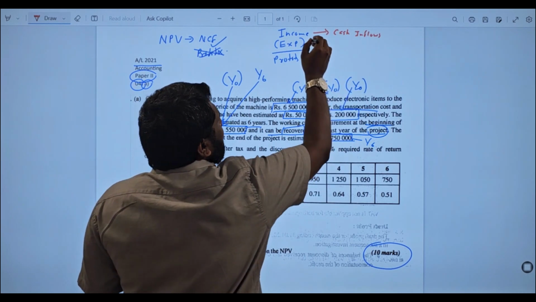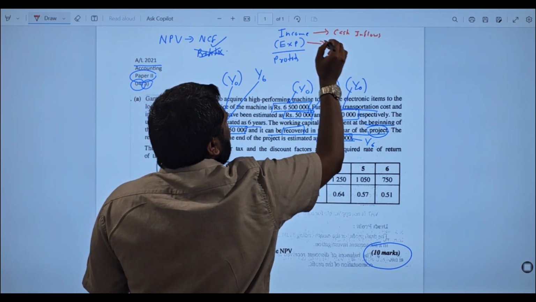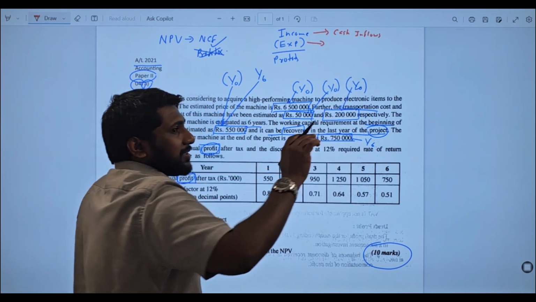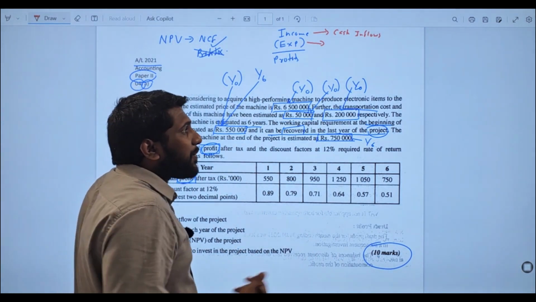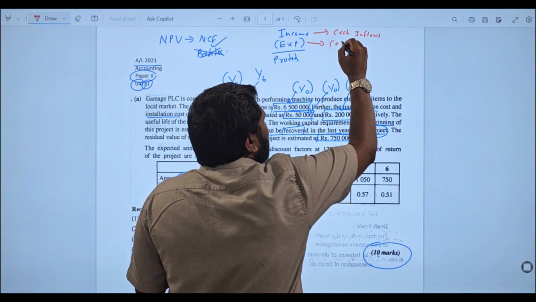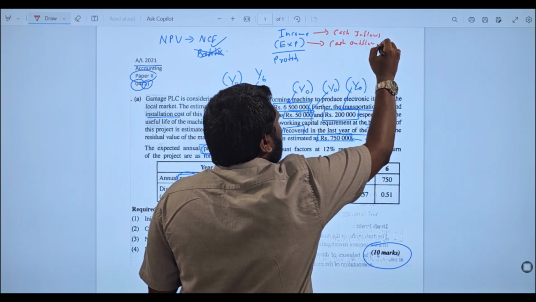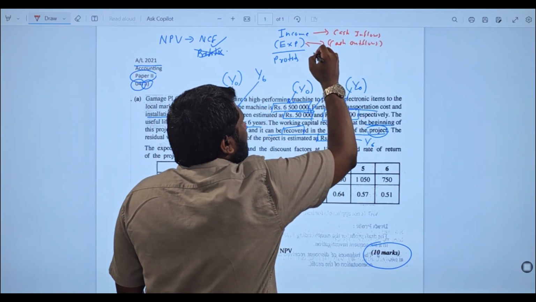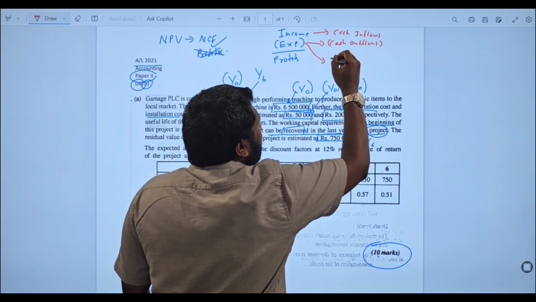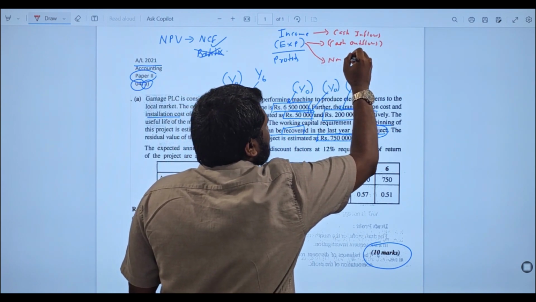In a business, there are two types of expenses. One is cash expense, where you pay cash, so there is a cash outflow. The other is non-cash expense.